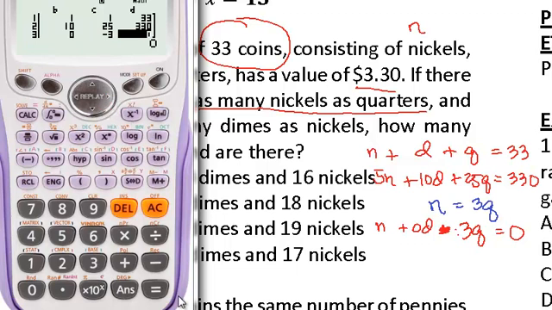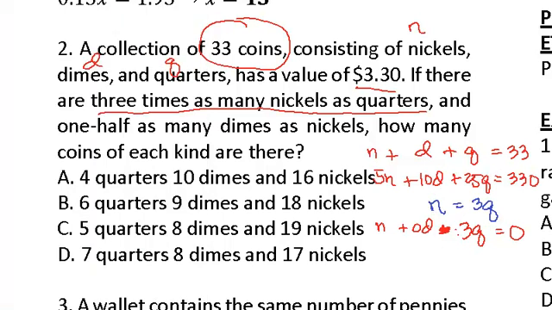It gives me a math error, meaning it can't be solved. So perhaps I made a mistake on the third part. If I write this in terms of 3n equal to q, it will be 3n plus 0d minus q equals 0.